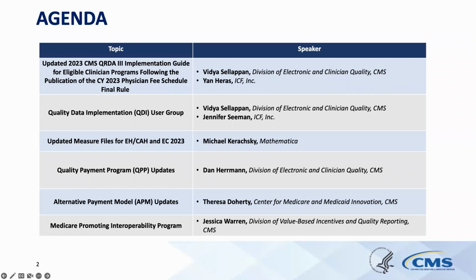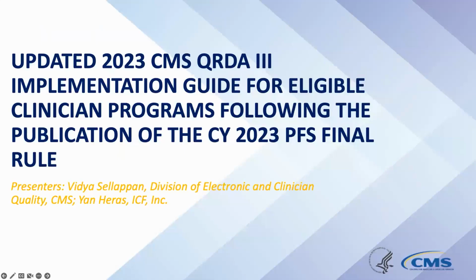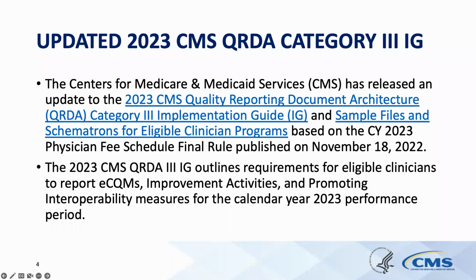Thanks, Derek. Next slide, please. So first, I wanted to share that we have an updated 2023 CMS QRDA-3 implementation guide for eligible clinician programs. Next slide, please. As you know, the calendar year 2023 Physician Fee Schedule Final Rule was published in November.